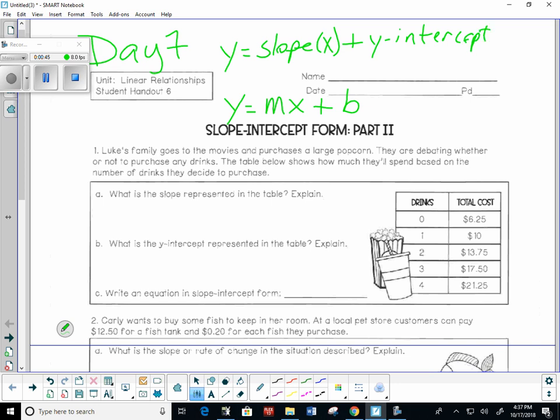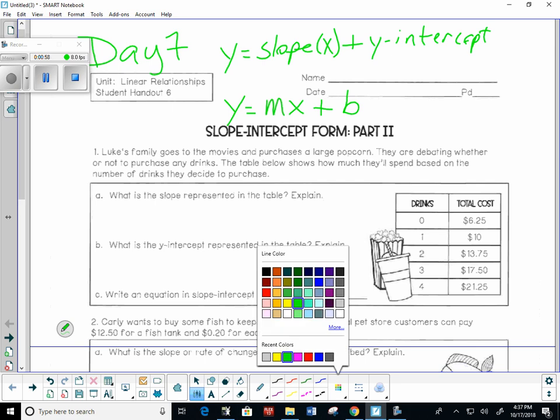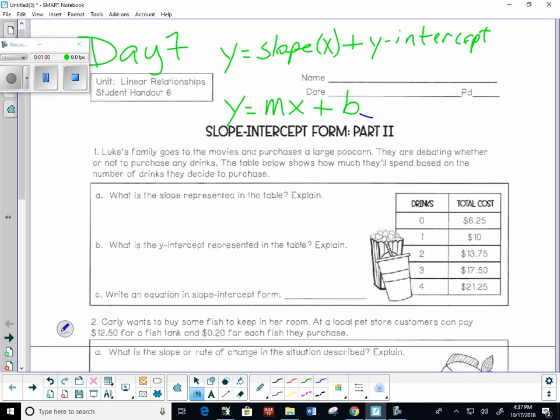Okay, and we're going to be able to look at our table and look at a graph to be able to determine y-intercepts and slope. Remember, we can look at B and think of it as kind of a start, a beginning, a fixed amount. The y-intercept is a starting amount.